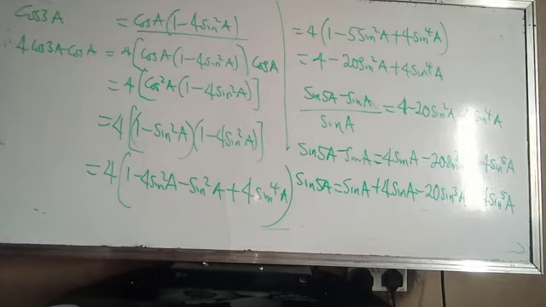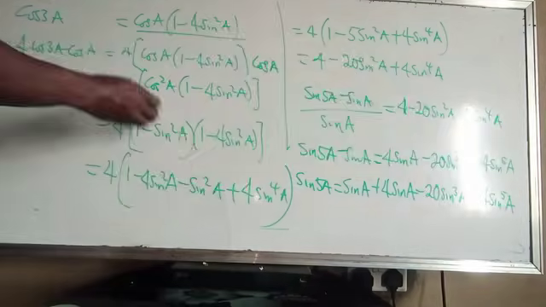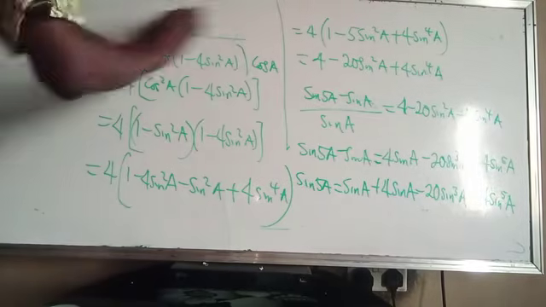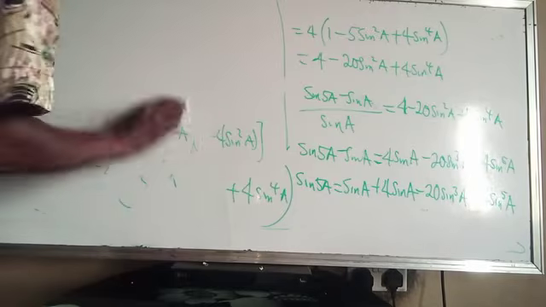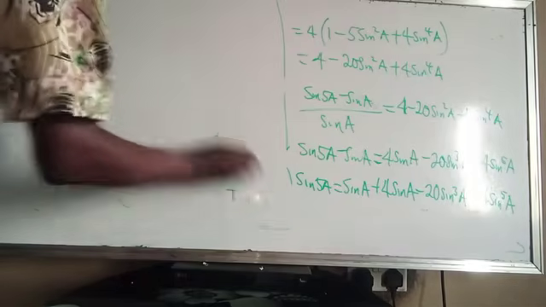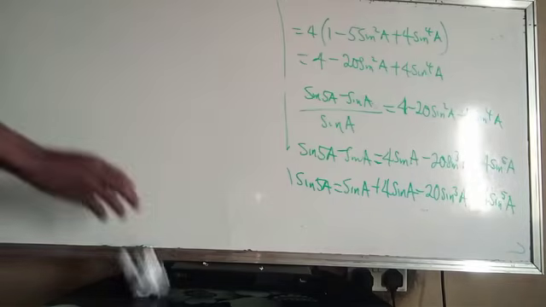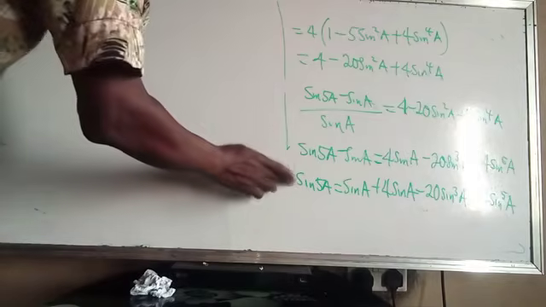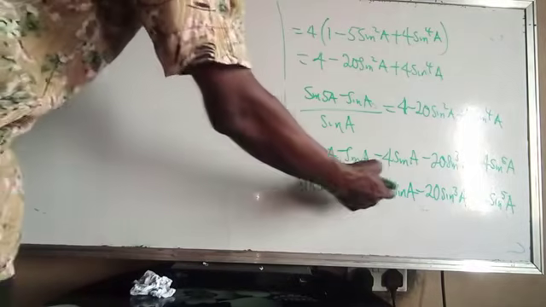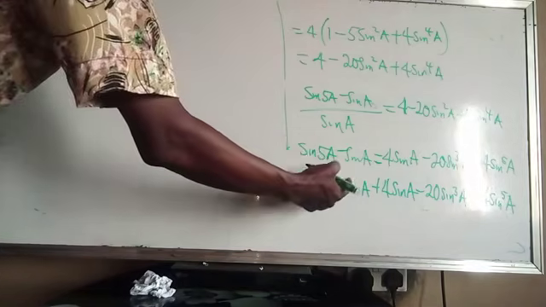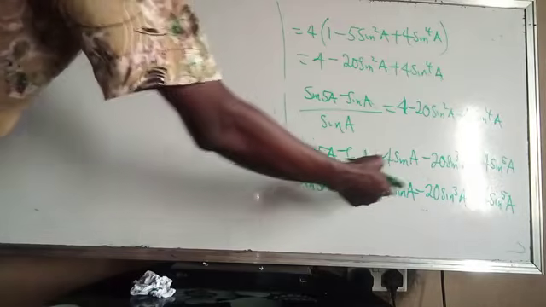Which implies that sine 5A will now be equal to sine A plus 4 sine A. It's like saying 1x plus 4x, because sine A is common.